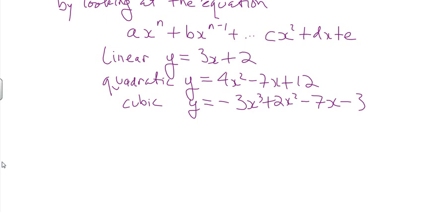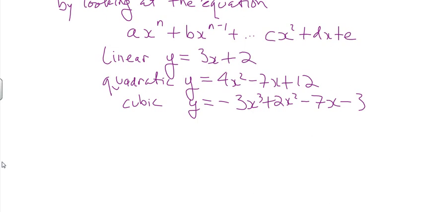What's the maximum number of x-intercepts a cubic can have? Yeah, right. 3. What's the maximum number of x-intercepts a 4th degree polynomial could have? 4. The maximum number of x-intercepts a 7th degree polynomial could have?